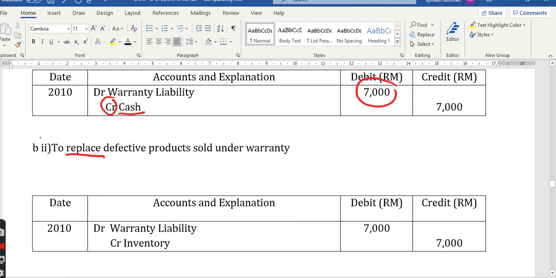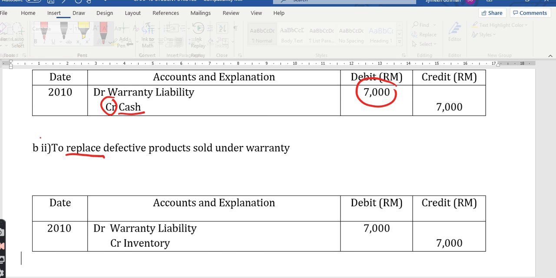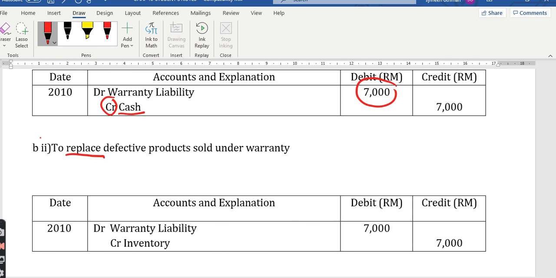Why inventory? Because as I said earlier, you are not repairing, you replace. When you replace, I take the damaged one and keep it, I take a new one that is in my store and give the new one to the customer. So I am replacing the defective goods with good ones. So the item will be reduced from my inventory.